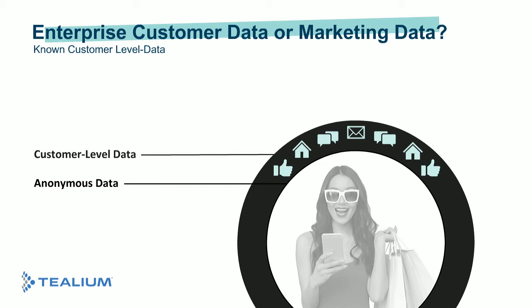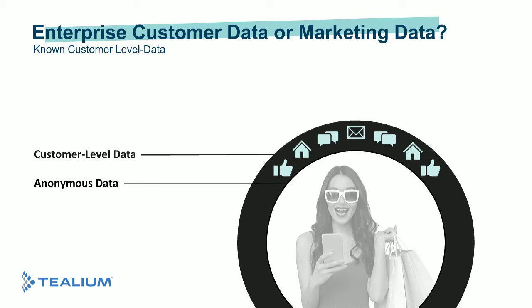Next, we have customer level data. So then we have the data that comes after you know who the user is: email address, social handle, name, home address, methods of payment maybe. This data is really important for getting to know your customers on a personal level and for engaging or analyzing how you're doing. I would say that by and large, most CDPs are going to be pretty powerful in this layer.